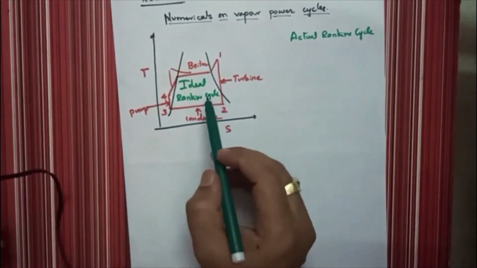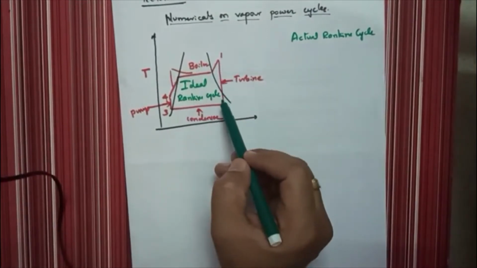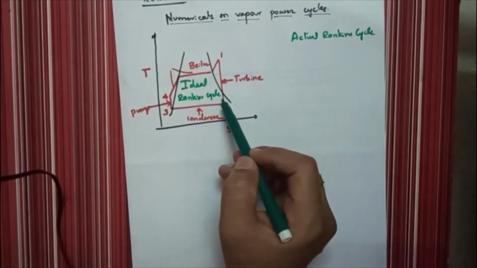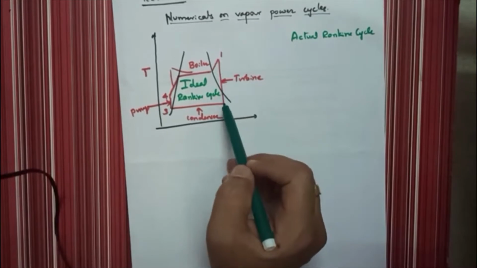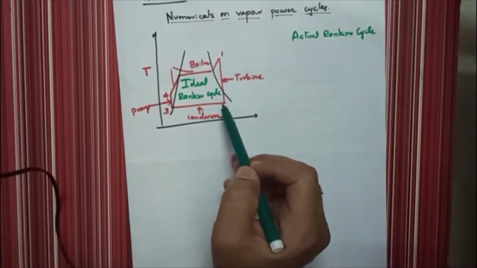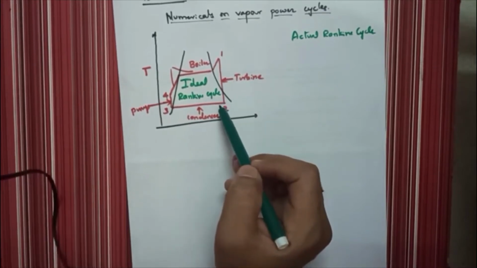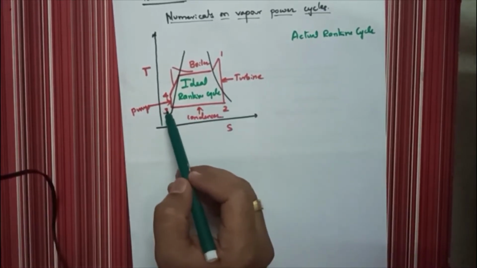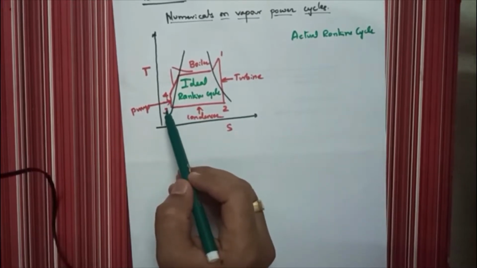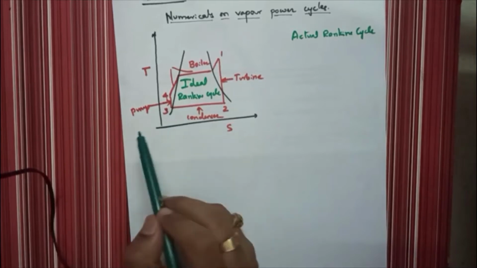The difference is, in the turbine we have not considered any losses. Here 1 to 2 is a perfectly adiabatic process, that is, reversible adiabatic expansion we have assumed. There are no losses, no friction we have considered. Similarly in the pump also it is an isentropic or adiabatic compression process.